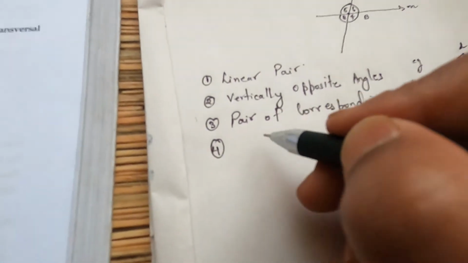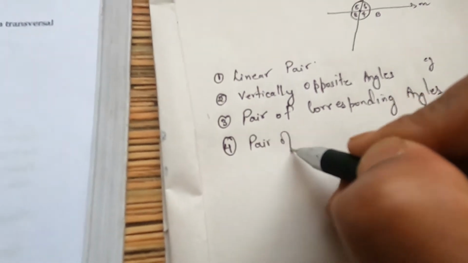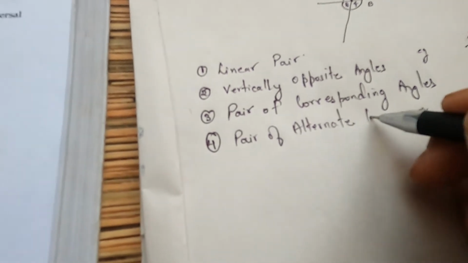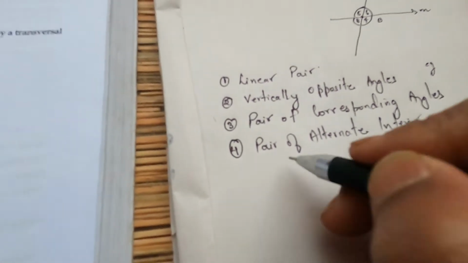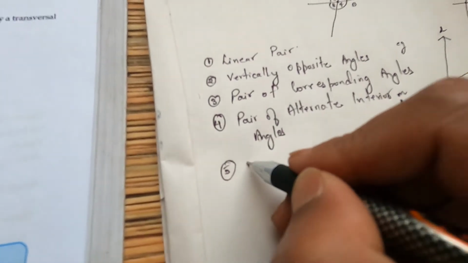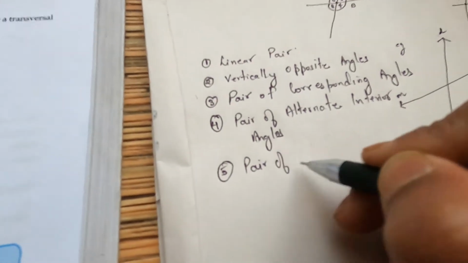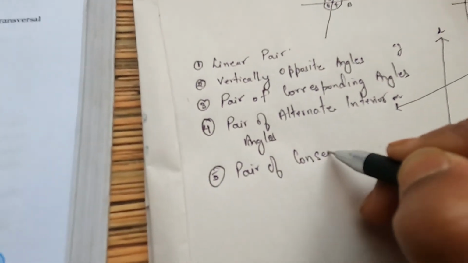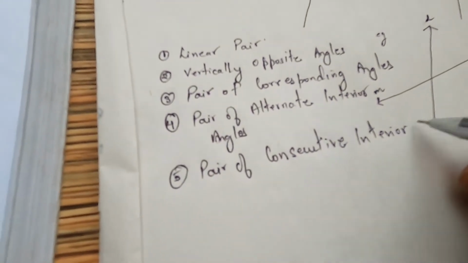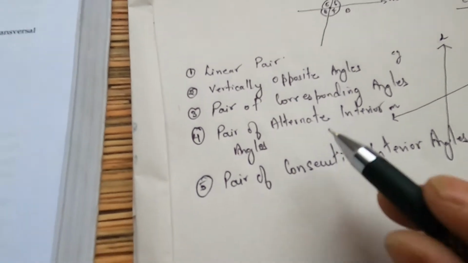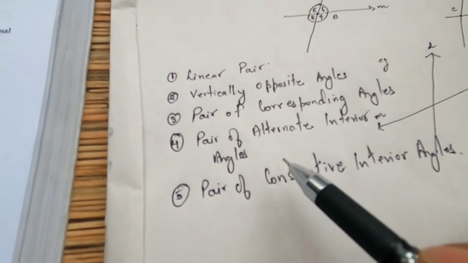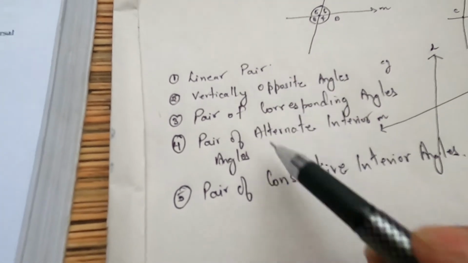The fourth one, pairs of alternate interior angles, and the last one, pairs of consecutive interior angles. Now these 5 pairs of angles will help us to find the measurement of each angle.